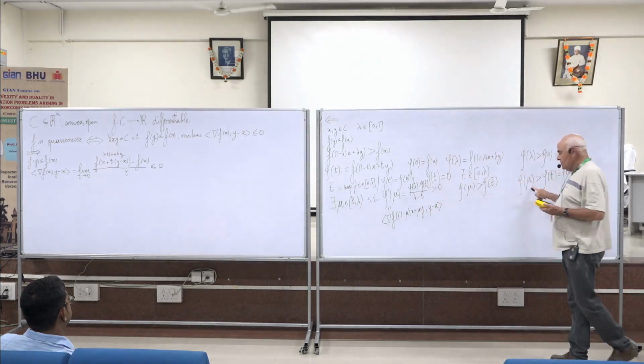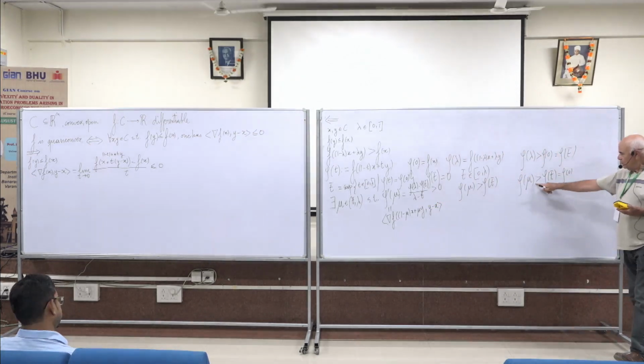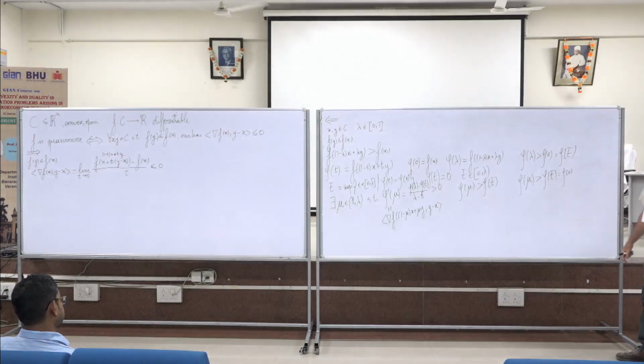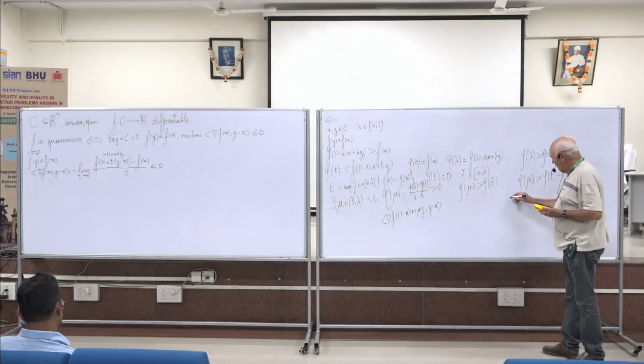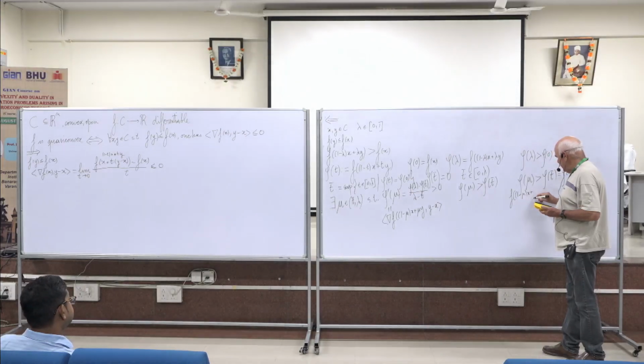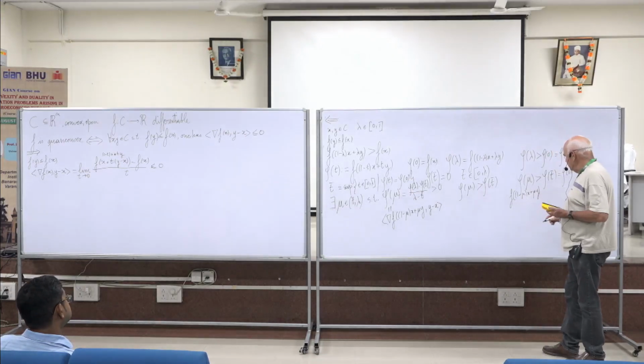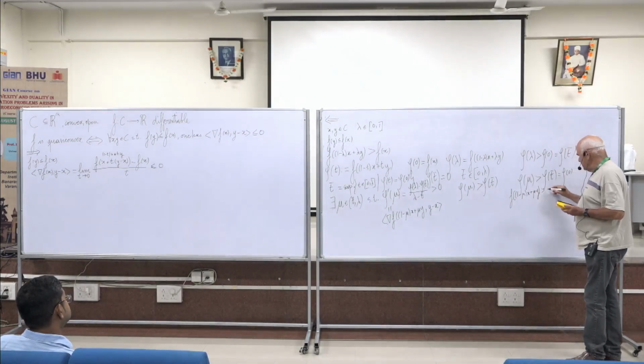But we have proved that phi of mu is greater than phi of 0, which means f of 1 minus mu x plus mu y is greater than f of x.